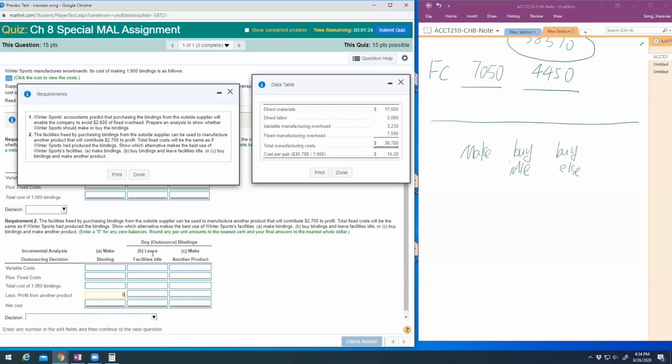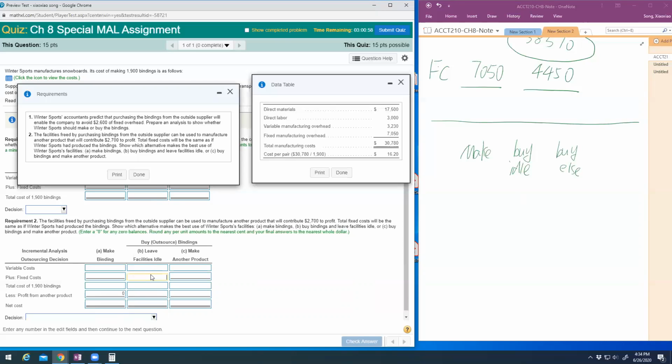Second scenario is you buy, but you leave the facility idle. This is exactly the same as the one we just did. Our variable cost is just the $17 each, but we also need to pay $3 for the shipping, 30 cents for the logo. So that's your variable cost.